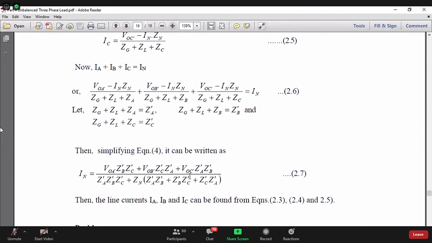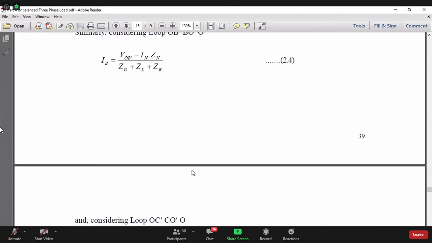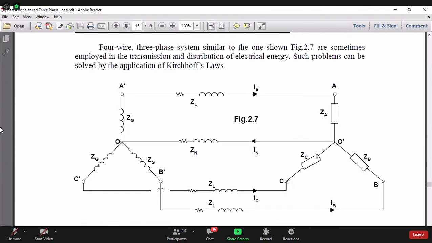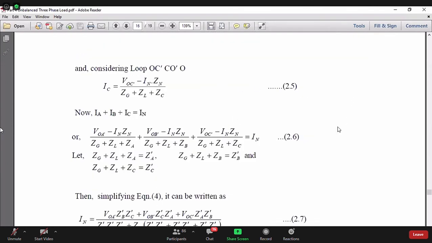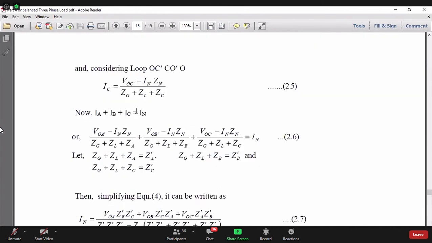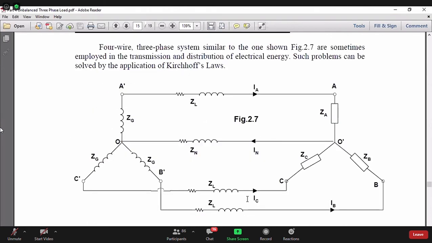So, what we do whenever we have this sort of problem, for example, here is a problem. You can read it later. ZA is given, that is the load phase impedance. ZB is given, ZC is given. Then ZG is the source impedance. This one. ZG is the source phase impedance.